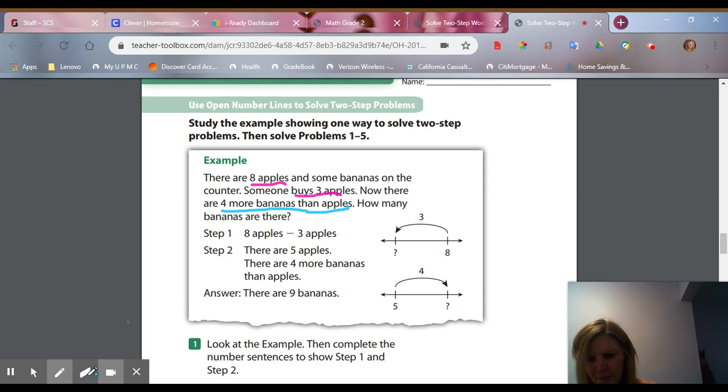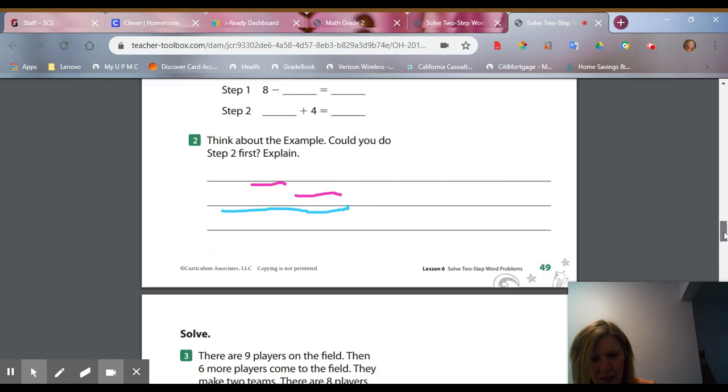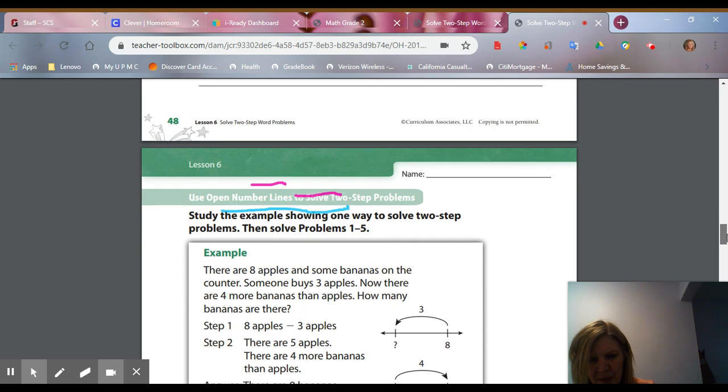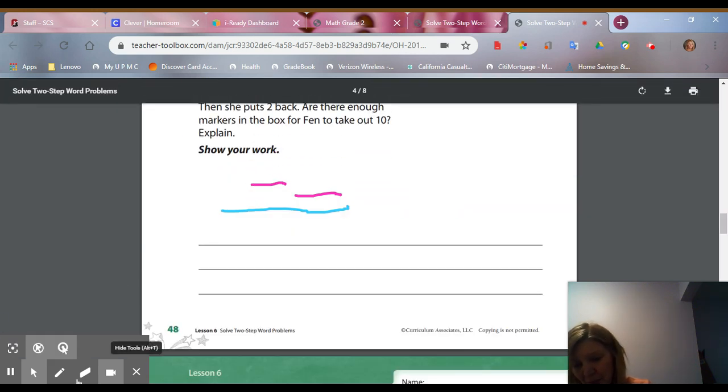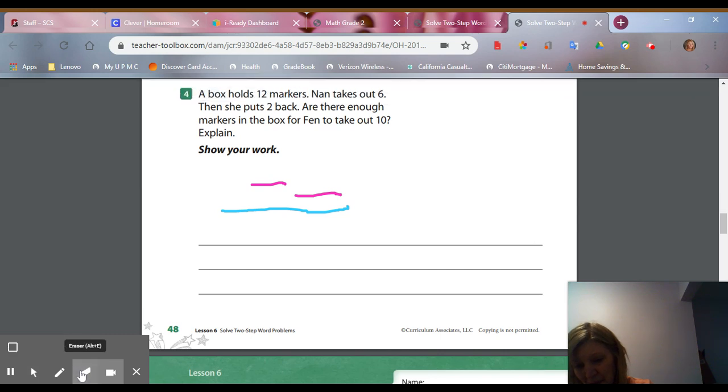So you had to know what the 8 take away 3 was to be able to take the total of 5 and add 4 to it. Now, how do we put it in easier terms? Well, we had to know how many apples there were to figure out how many bananas there are.